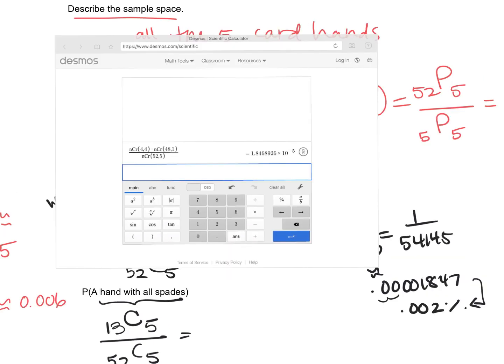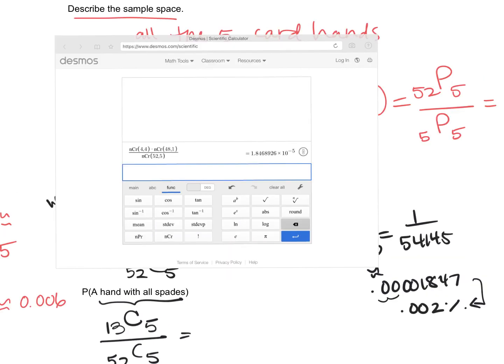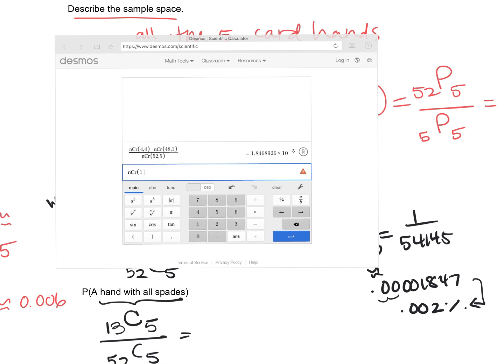And so I'm going to enter in those combinations. So I go to function, NCR, and I'm going to enter 13,5. That's my numerator. So I'm going to put the divide symbol, and that makes that fraction bar, or I could have written the fraction at the very beginning.